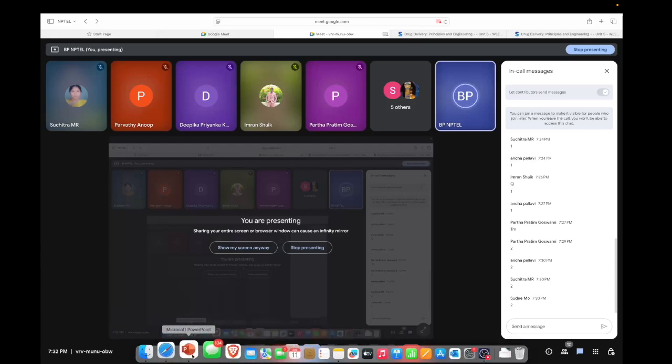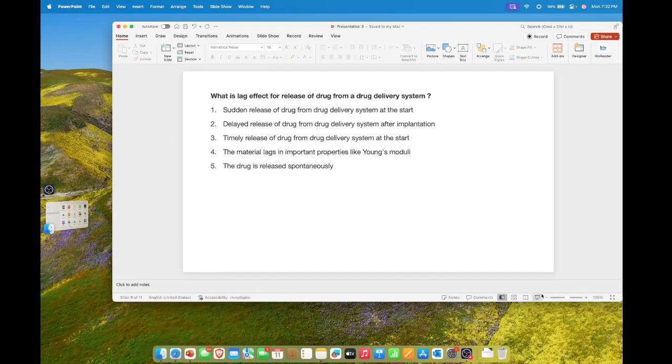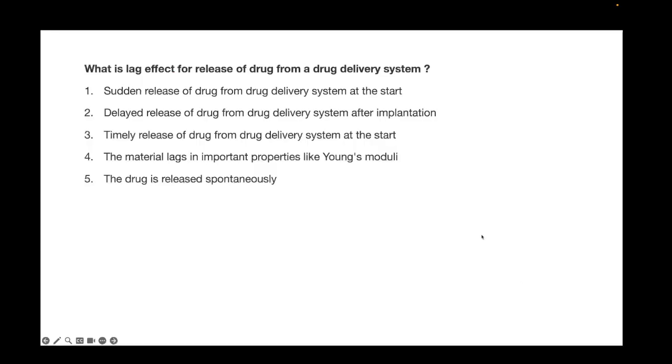Option 2. Okay. Most of you have answered 2. Yes, that is the correct answer. So lag effect is basically the delayed release of drug from drug delivery system after implantation.